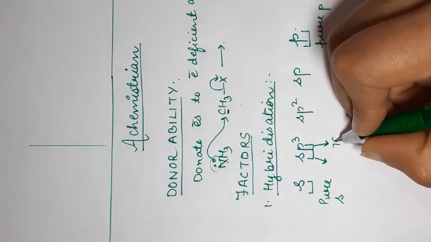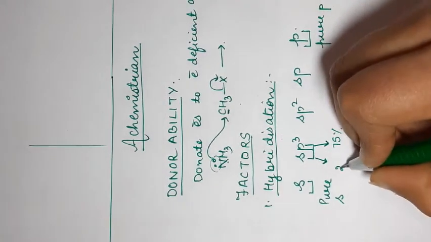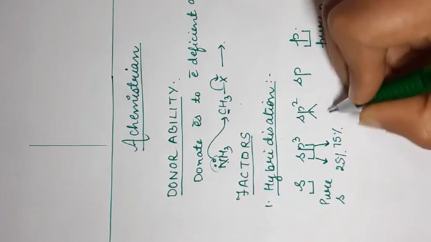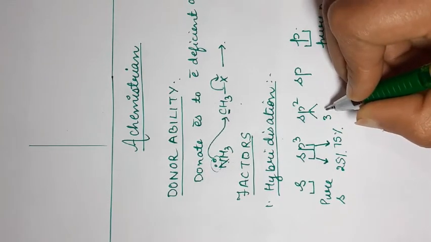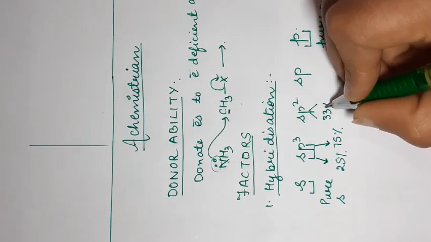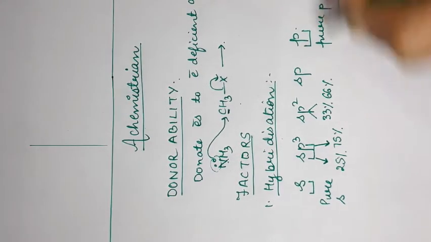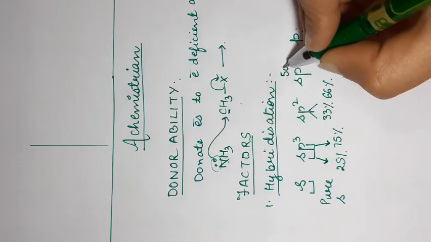That means 75% p character, 25% s character. Similarly, 33% s character and 66% p character, and here 50%.